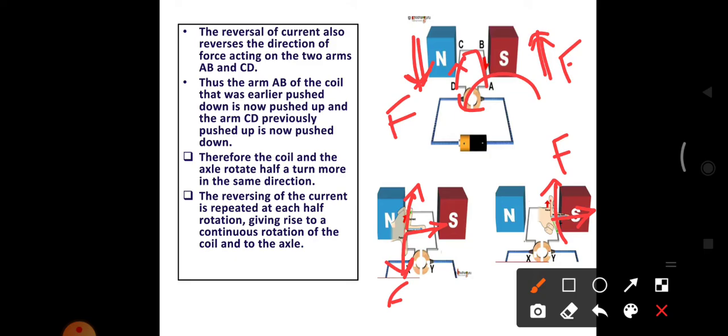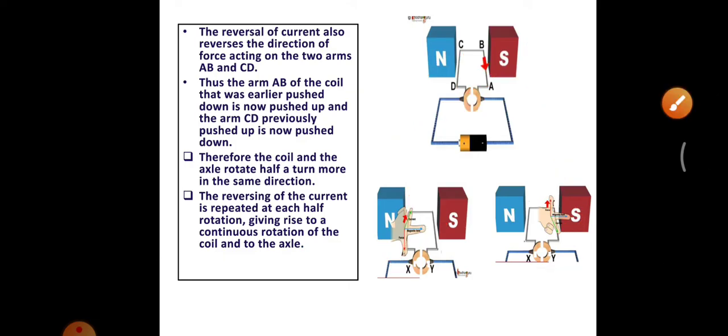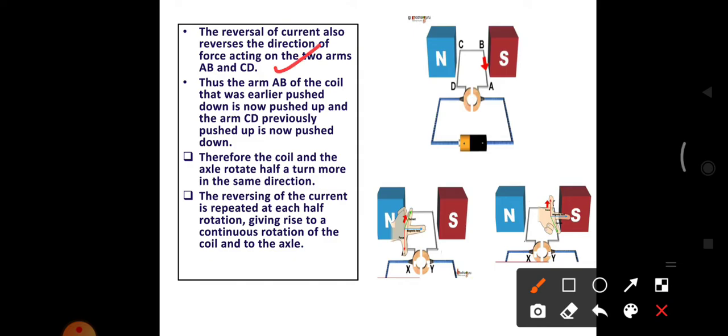Do you understand now what is meant by the electric motor? When we give electrical energy, the coil rotates. That means it is converted into mechanical energy. So see here, the reversal of current also reverses the direction of the force, because in the starting the CD arm experiences a force upward, but now the CD arm experiences a force downward.